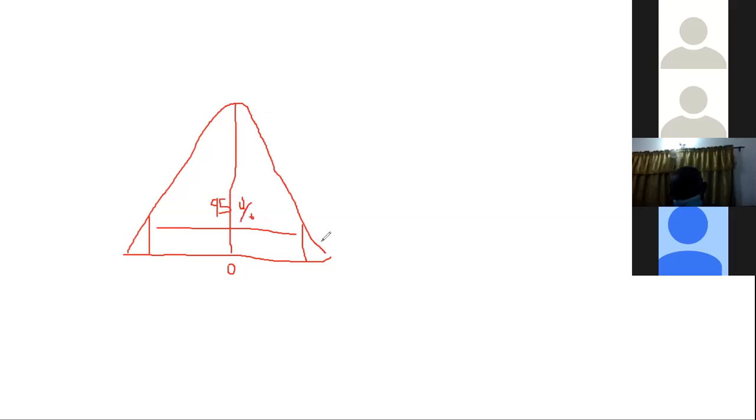This one is 2.5%, and 2.5% on the other side. That's the significant level. So when you say your significant level is 5%, that shows that the error level will be outside the middle 95.